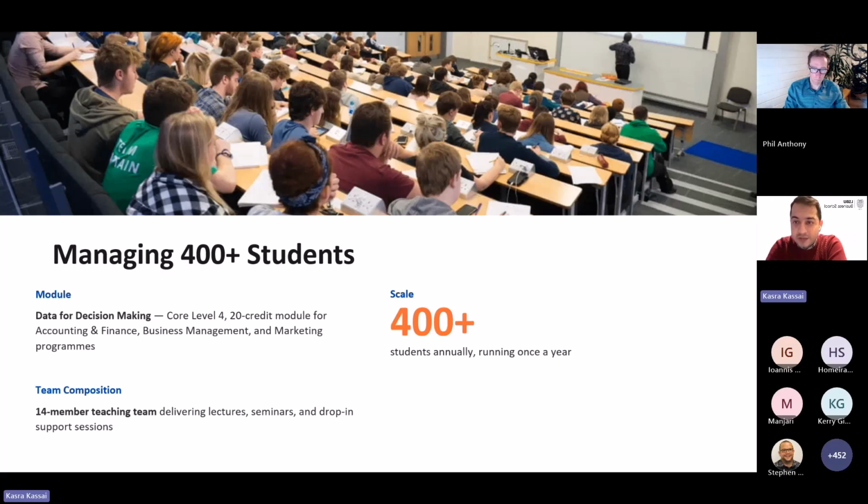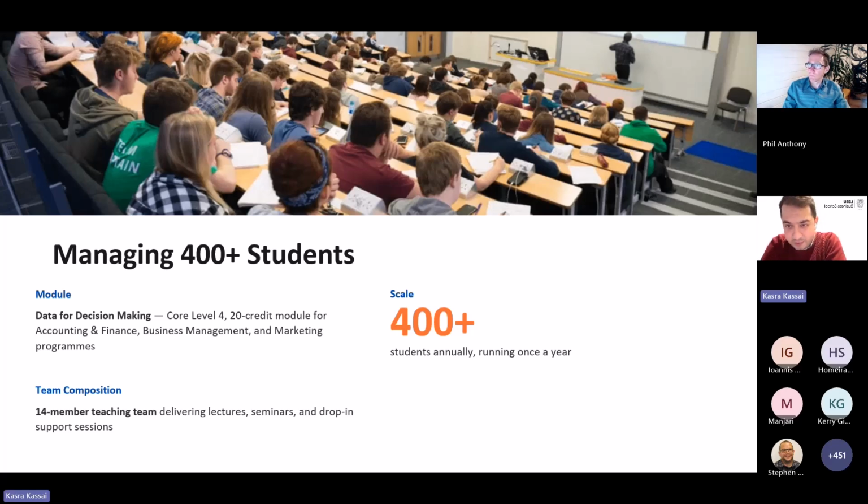A noticeable part of my role as a lecturer is module leadership. It might be the case for many of you too, even if you are a more senior academic in your career. One of my flagship modules is Data for Decision Making. This is a common level 4 module with 20 credits for many of our business school courses, including accounting and finance, business management, and marketing.